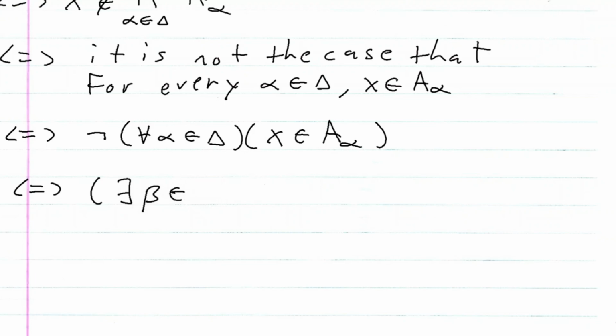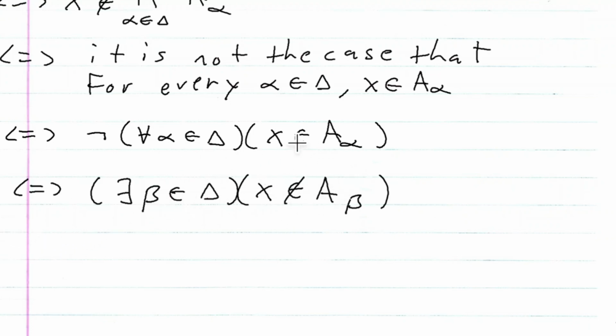There exists a beta contained in delta such that X is not an element of A sub beta. So beta is just a dummy variable. Alpha represented every set within the collection or any element in the index set. Beta represents some elements in the index set, some or several. It doesn't matter. It just represents one or many that have this property.